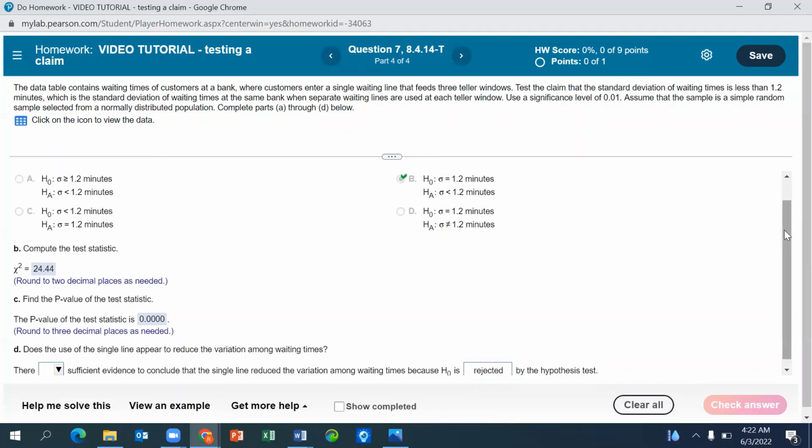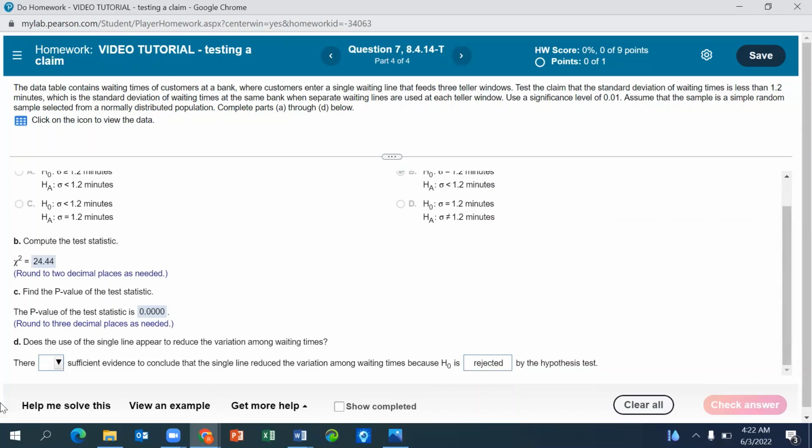So you can say that there is enough evidence to support the claim, or to support that the standard deviation has been reduced, or the variation has been reduced. So let's see. There is or is not sufficient evidence to conclude that the single line reduced the variation.